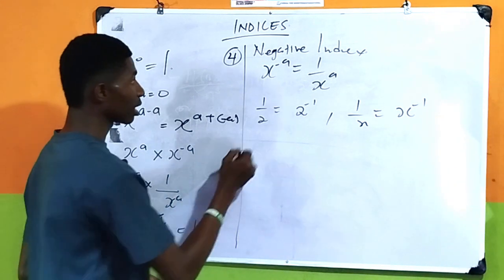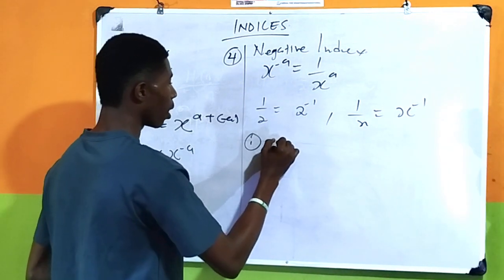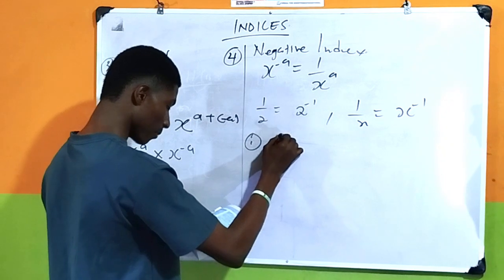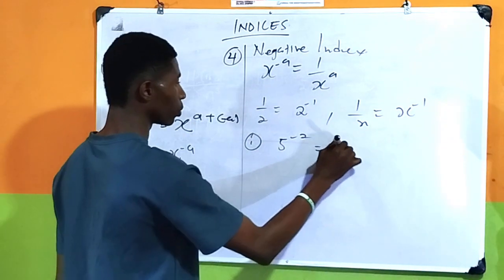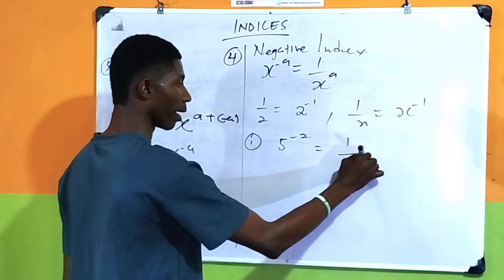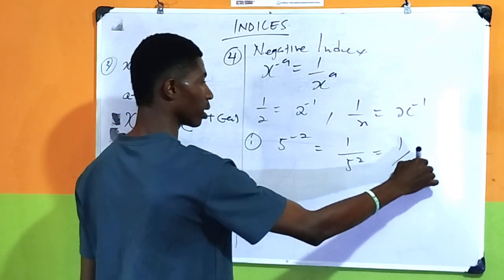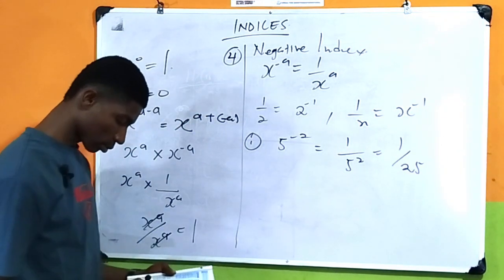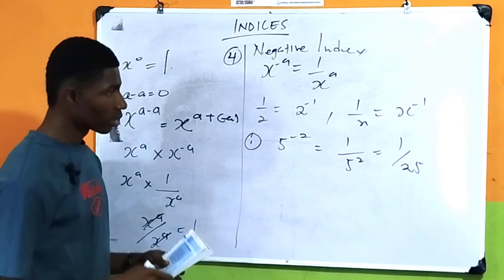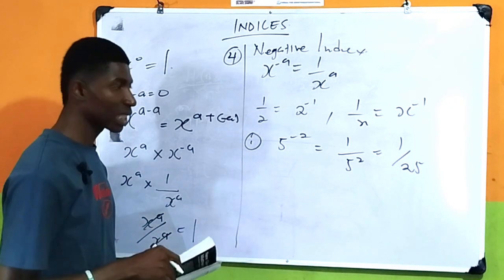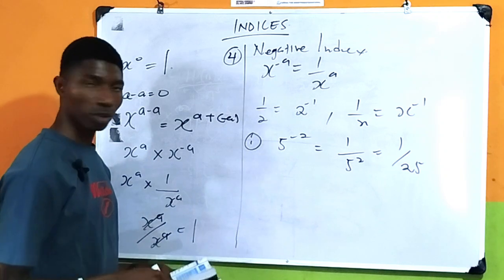Hence, let's take this example: 5^(-2) is equal to 1 over 5 squared, which is 1 over 25. And the negative index means reciprocation.